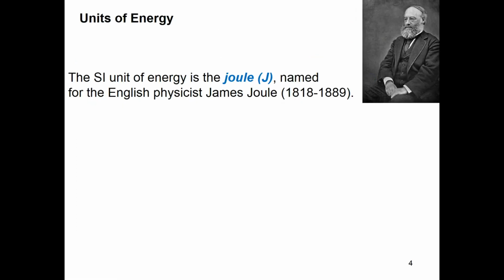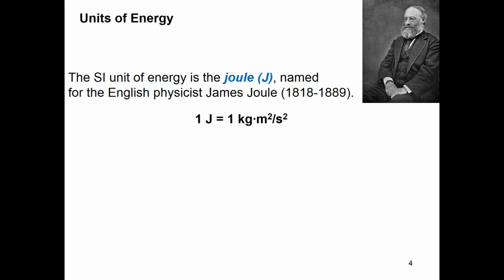So let's talk about the units of energy. The SI unit for energy is called the joule. It's named after the English physicist that you see, James Joule, who lived in the 1800s. If we go back to that equation of 1/2 mu squared, the units of mass are kilograms, the SI base unit, and velocity is meters per second.